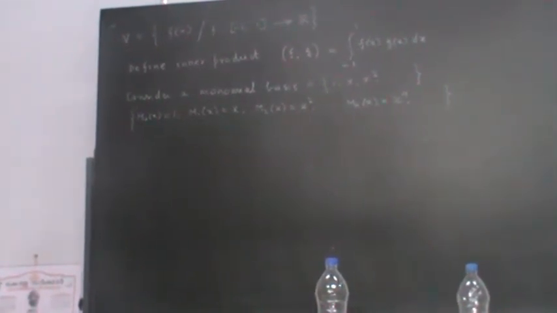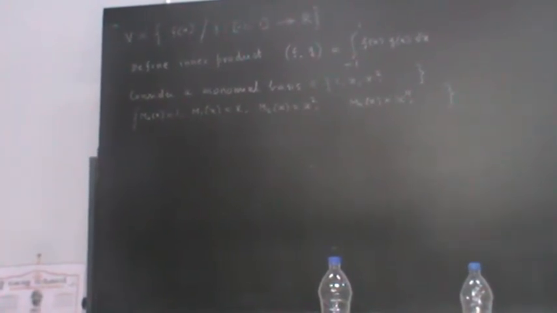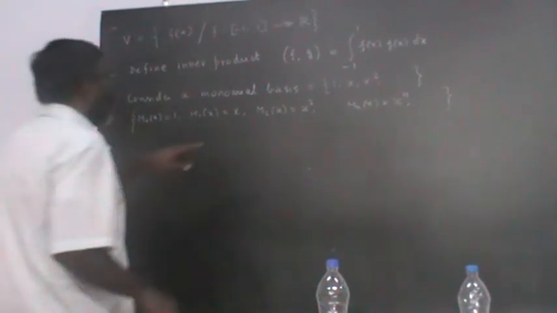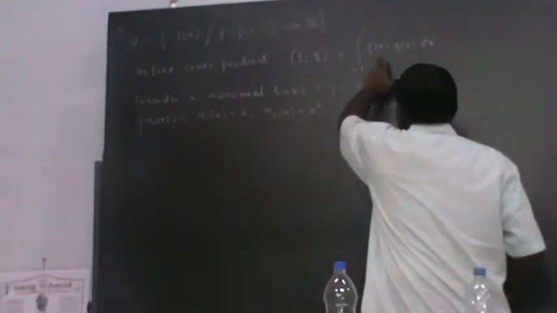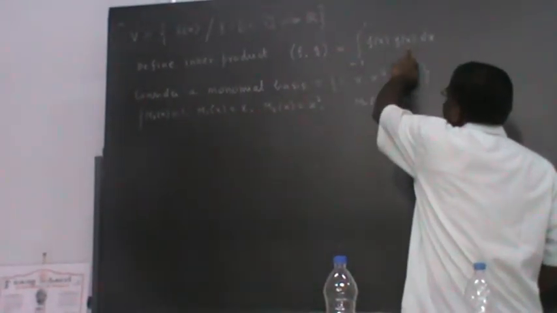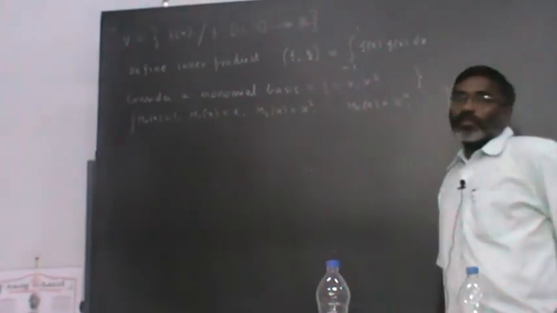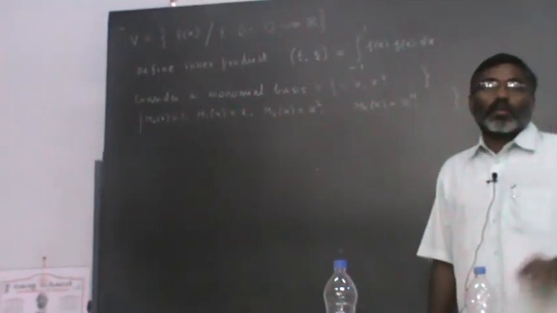Now note that this monomial basis is not orthogonal with respect to this inner product space. Because if you take x and x cube, that's not 0. So it's a non-orthogonal basis.